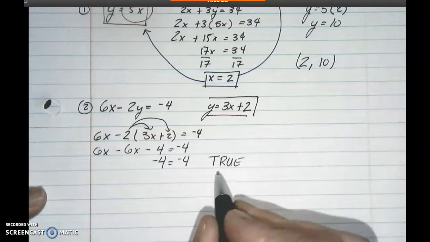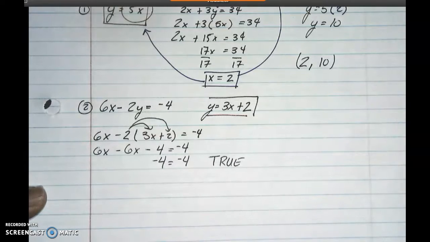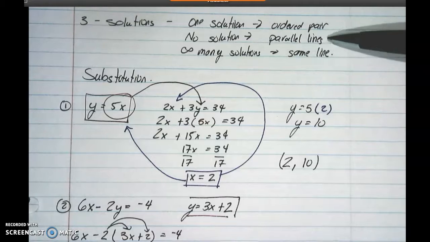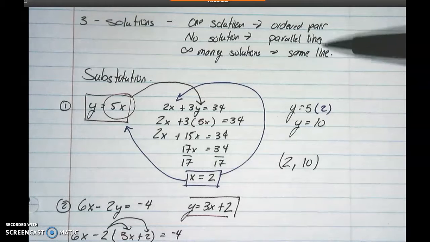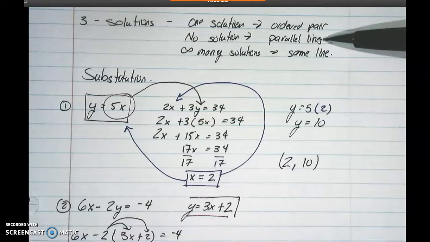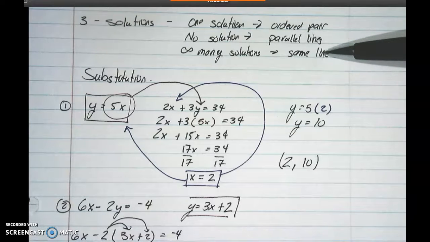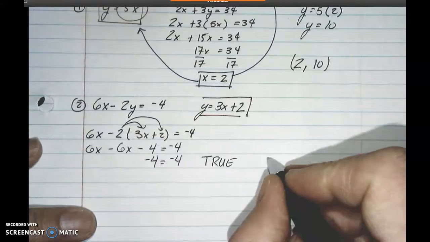Now, because it's true, you want to take a guess out of which of these two is going to give you our solution. Is it no solution or infinitely many solutions? Yeah, perfect.